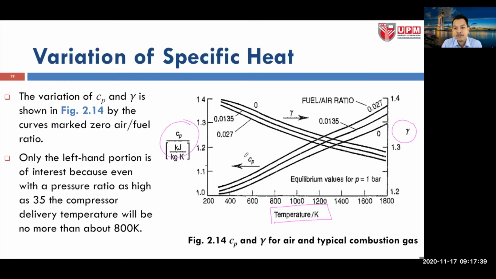Let me just read it again. So the specific heat capacity, we look one by one. Specific heat capacity, Cp, and then the gamma variation.